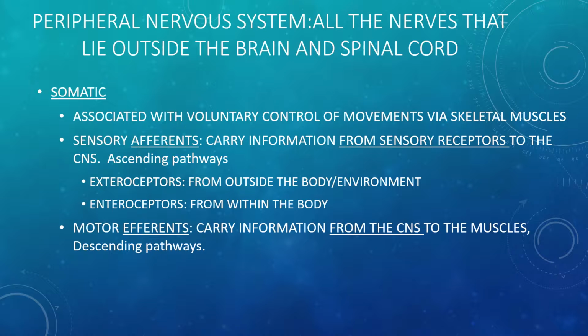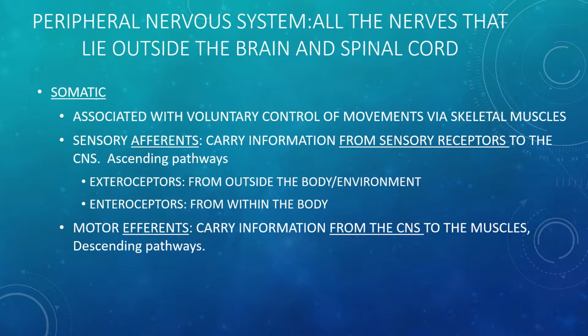And when we talk about sensory receptors, there are exteroceptors that give information from outside the body in our environment. And there are interoceptors that come from within the body. So if you have pain in a certain area, that would be an interoceptor sending that message to your central nervous system.